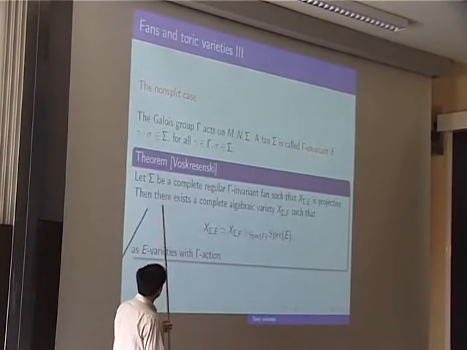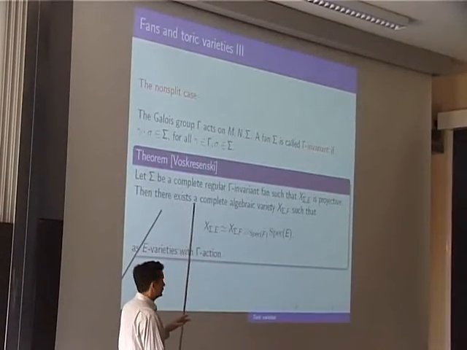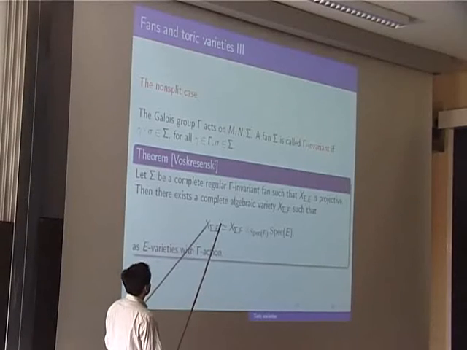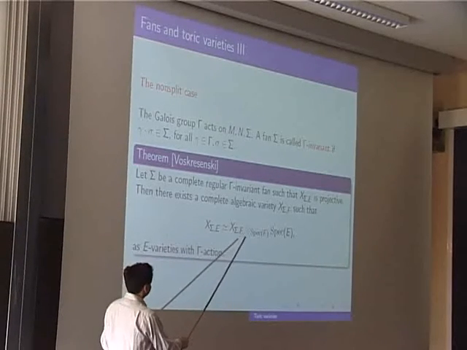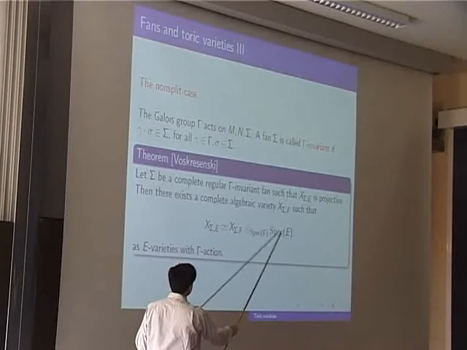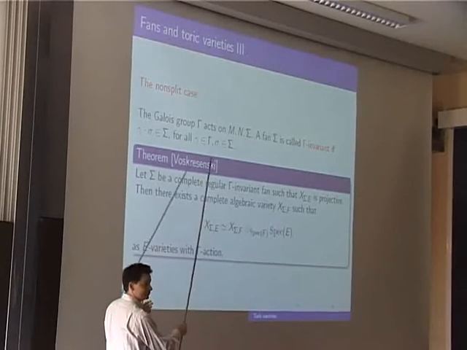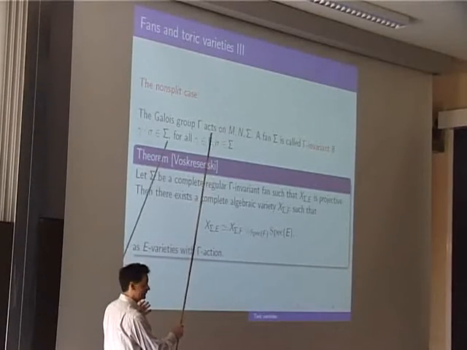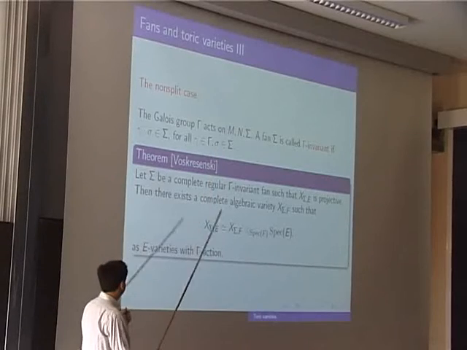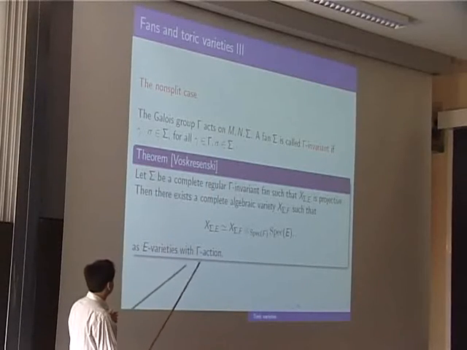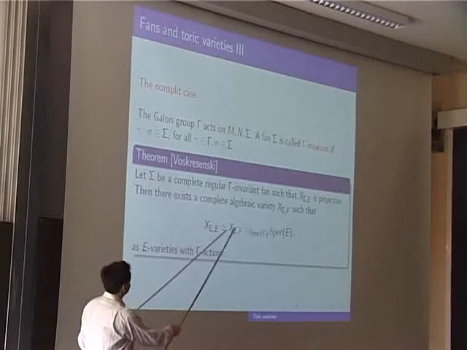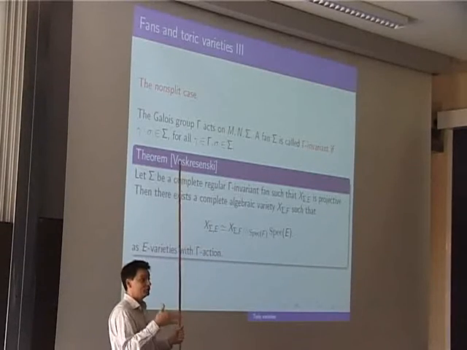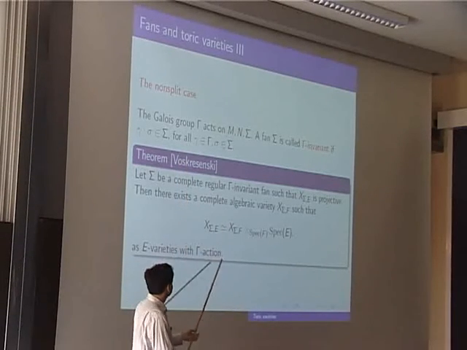Then, in fact, from this fan there is a complete algebraic variety over the ground field with the property that the field extension to E produces this toric variety, which we already understand, the split toric variety. Okay? And in fact, you have E-varieties here and there, with gamma action, compatible, and the non-split torus T will act on this variety.